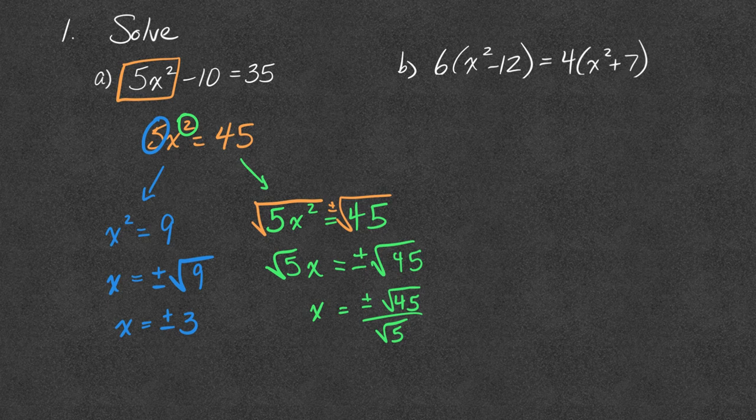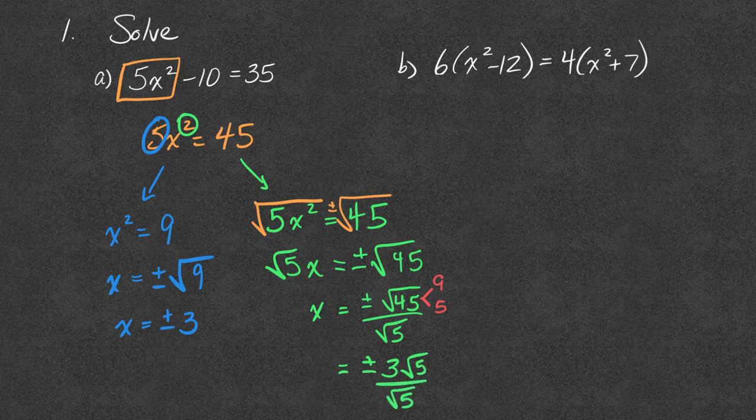Luckily, we're okay to be able to reduce a radical. And so we should be okay to say, well, I could look at 45 and I know that 45 is 5 times 9. And so I could reduce the radical on top because I can take the square root of the 9, but I cannot take the square root of the 5.